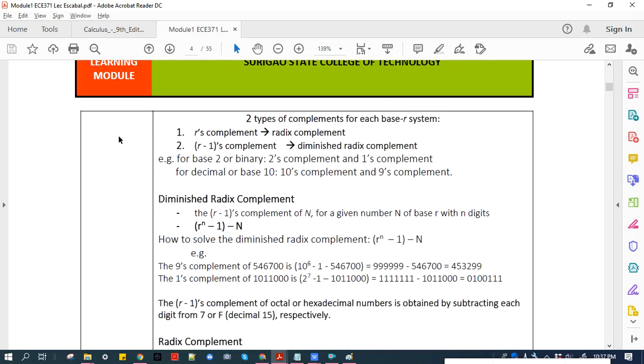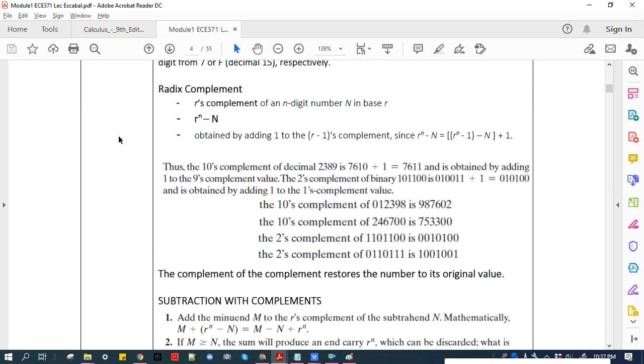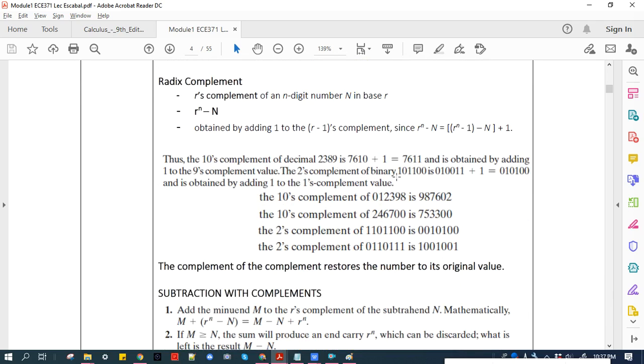The two's complement of binary 101100 is 010011 plus 1, and is equal to 010100, and is obtained by adding 1 to the ones complement value.